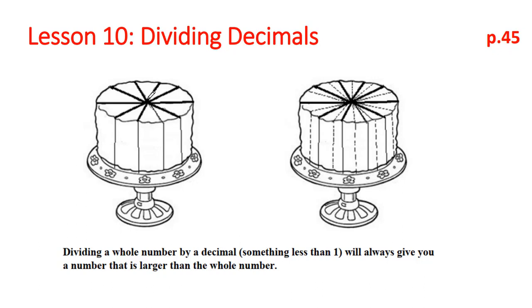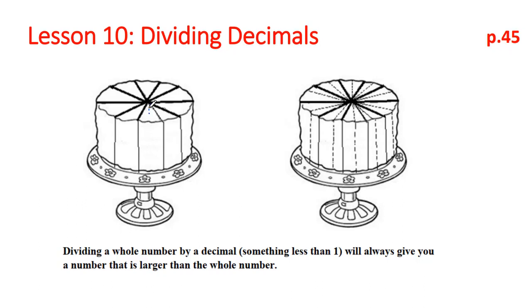So we have a cake here, and this cake can be divided into 5 pieces on the back and 5 on the front, so 10 equal pieces is this cake. And if we want to further divide this cake, we divide each of these pieces again by 0.5 or half. What happens? As we divide these 10 pieces by half, so division by 0.5, we end up getting not 10 pieces, but 20 pieces.